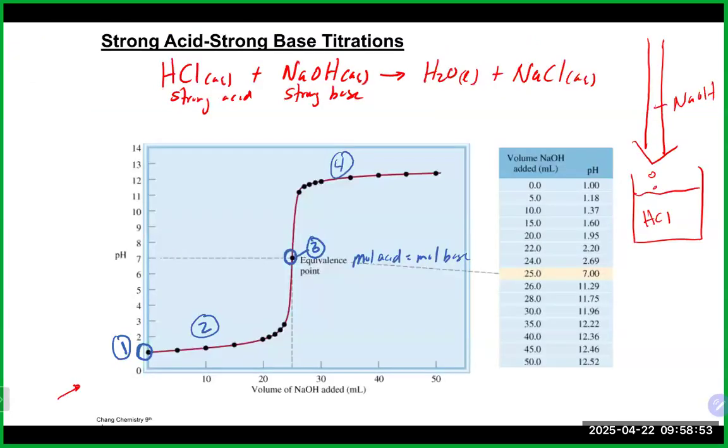Now let's take a look at what happens as we actually start the titration. Anywhere from the very first drop until right before the equivalence point is the second part of the titration curve. Now, in this case, we are adding sodium hydroxide, so we are going to get a reaction that's going to occur. It is going to be this reaction up here, and you will need to do an ice table.